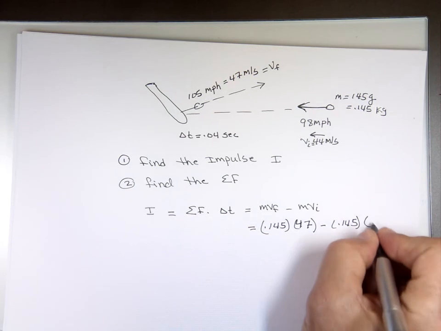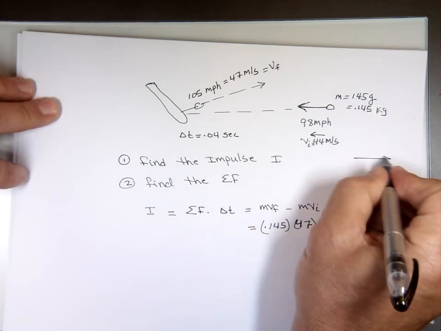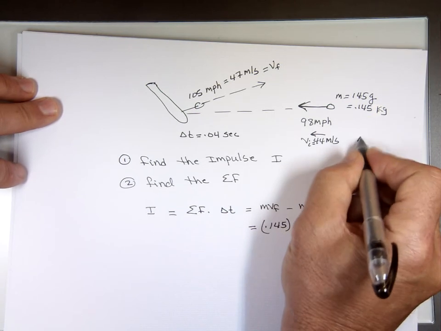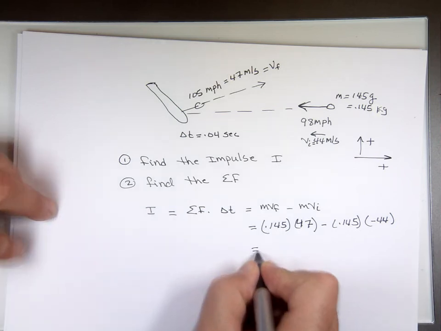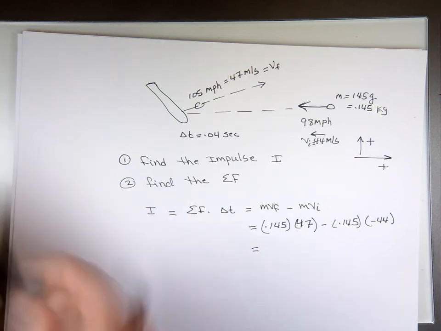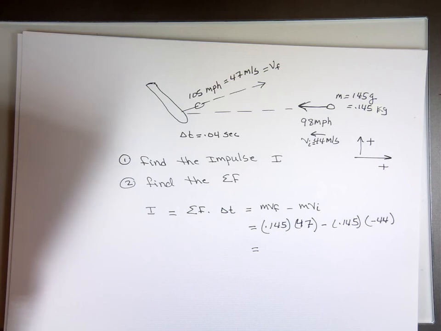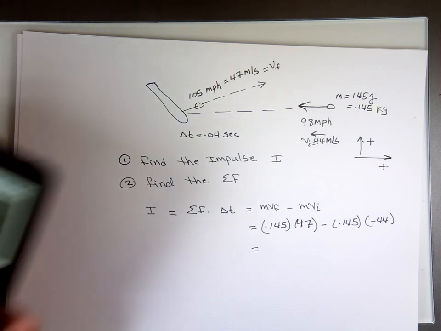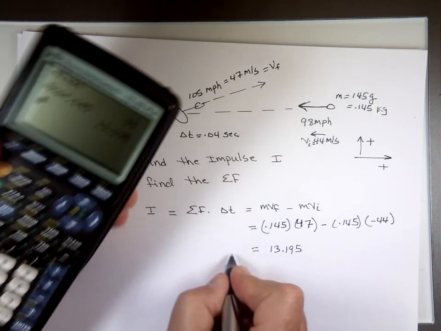Negative 44, because we're using right as positive. Okay, so what do we have? 13.195. That's your impulse. We answered the first question.